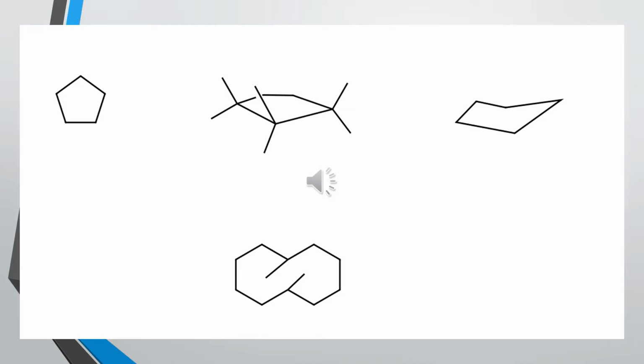What I show on the bottom of this slide is cyclodecane. Now we go to a larger membered ring, and this is actually considered a medium membered ring.